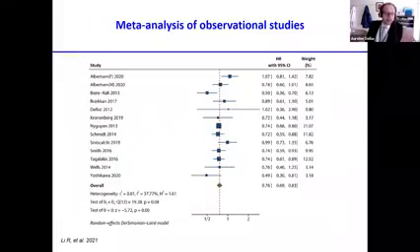This meta-analysis was published 2 weeks ago and looked at observational studies that assessed the risk for VTE recurrence associated with statin exposure. And the sum of these studies showed that statin users had a 25% lower risk for venous thrombosis recurrence.